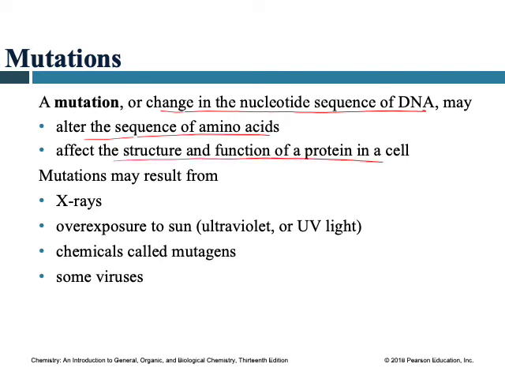So what does it mean? Let's say this is your DNA, and it has some sequence in the form of bases. This information is going to be converted into mRNA by the process of transcription, right?